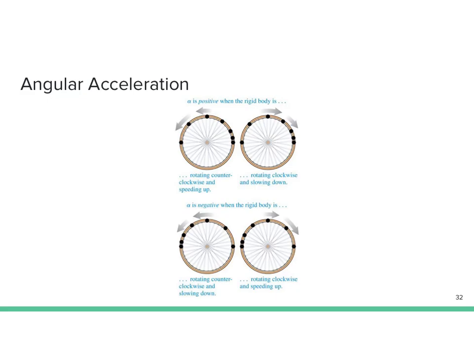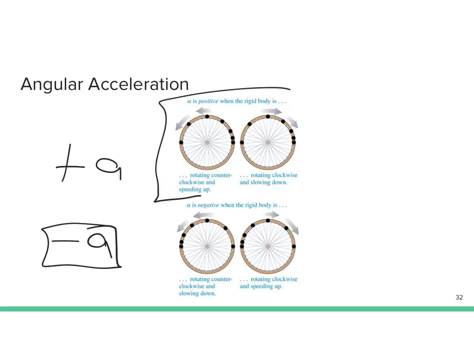A quick little note, and this gets back to the D word: positive and negative acceleration. Positive acceleration was speeding up in the positive direction, but it was also slowing down in a negative direction. Negative acceleration was slowing down in the positive direction or speeding up in the negative direction. Same concept with angular acceleration.